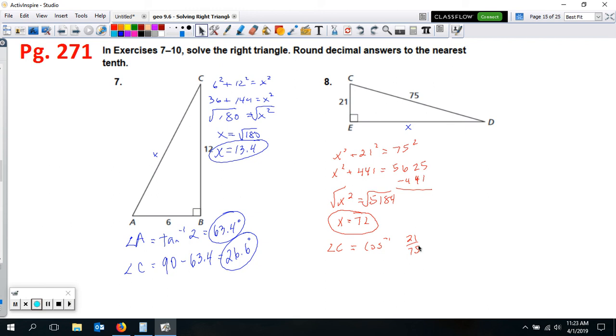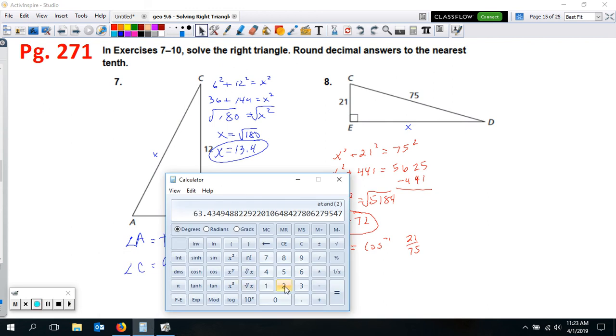I could say 21 divided by 75 equals 0.28, and then hit inverse and cosine, and there's my number, 73.7.